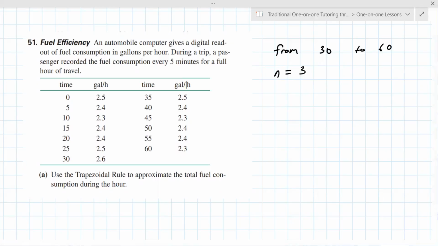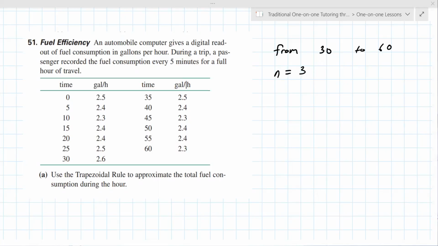All right, so your delta x is slightly different here. Do you remember the trapezoidal rule? It's slightly different than the others. It's essentially just a trapezoid made from the 2 points.